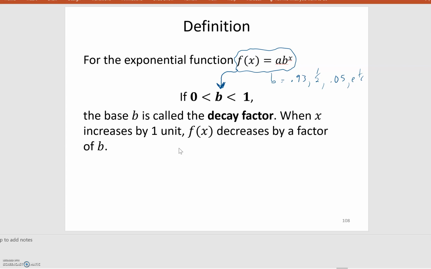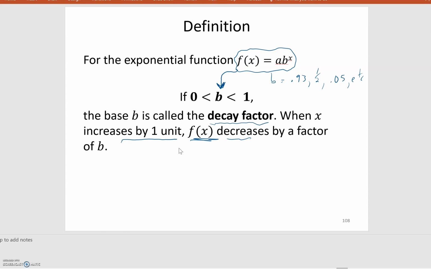If it's larger than 1, then we don't have decay, we have growth. So that's the thing that makes it different, is that line between numbers smaller than 1 and numbers greater than 1. And when we have a base that's less than 1, we call this the decay factor because it's going to actually be decaying rather than growing, and so it's a factor, but in particular it's a decay factor. Okay, and just like we defined the growth factor, when x increases by 1 unit, f of x decreases by a factor of b.